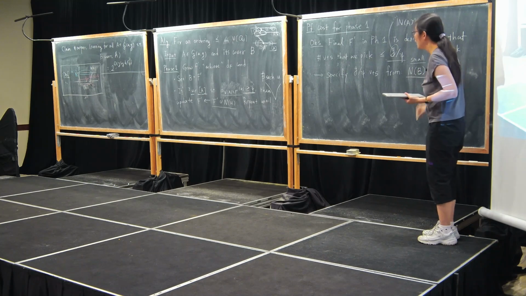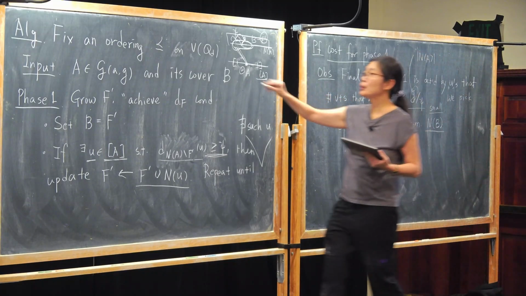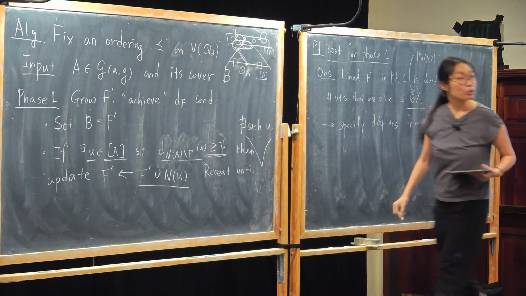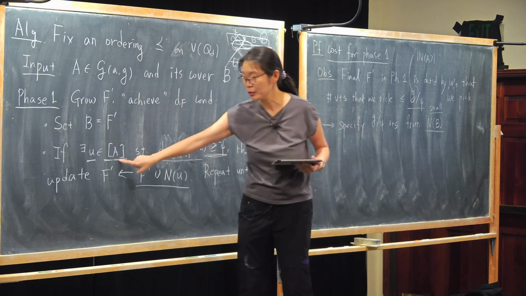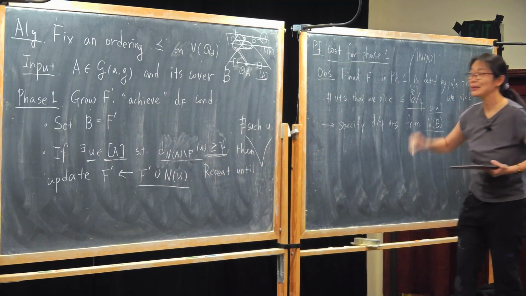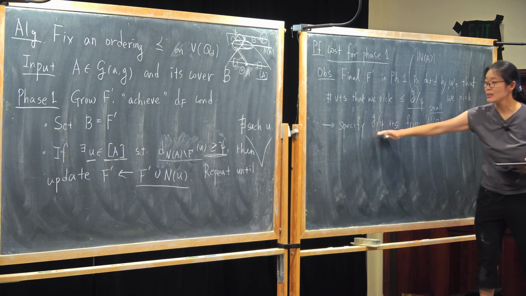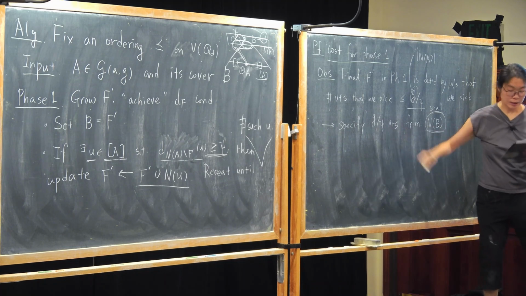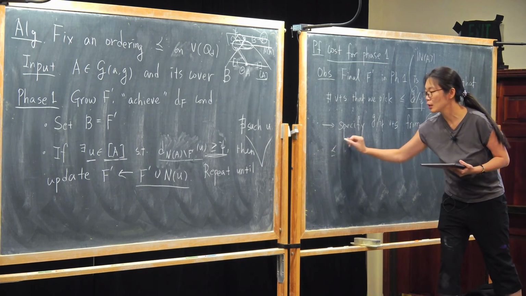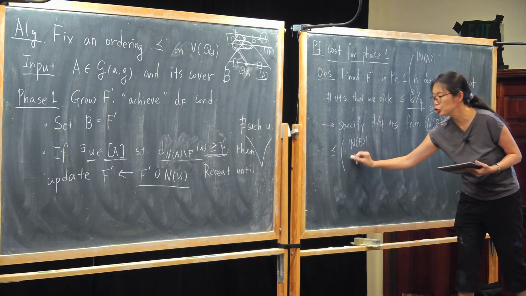And this is pretty obvious, is it right? Because the neighborhood of B covers the closure of A, and in this algorithm we only pick the vertices from the closure of A. So this specification cost cannot exceed the number of subsets of this set of this size. This cost is at most the size of the neighborhood of B choose G over psi.